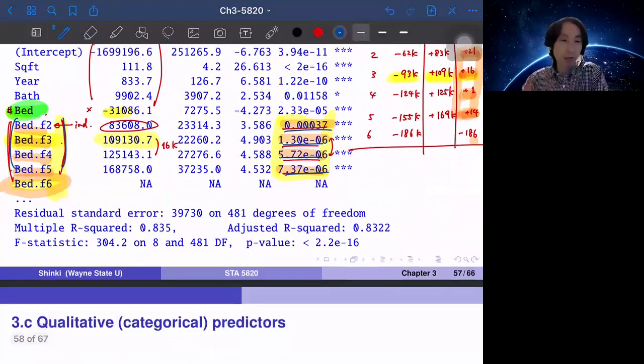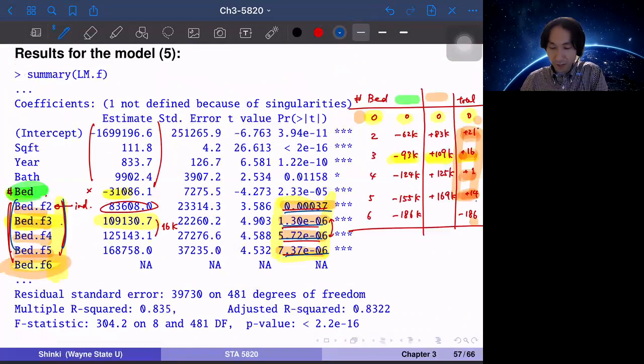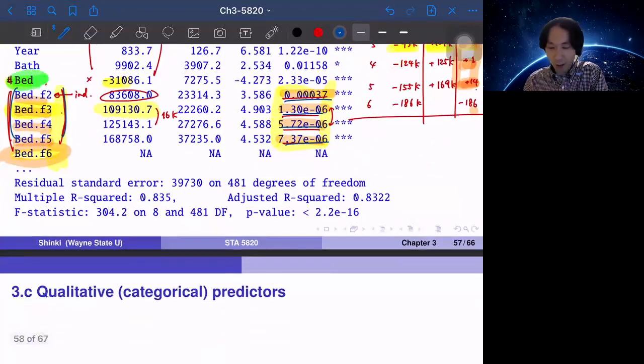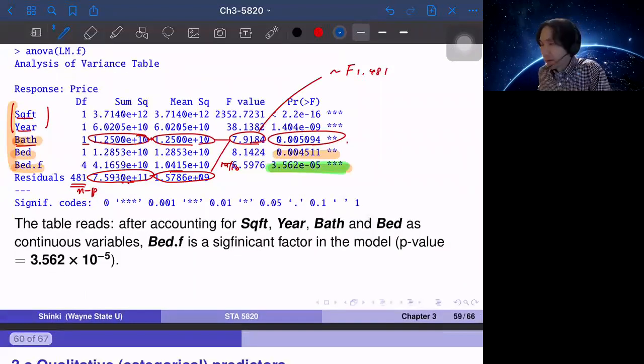So the number of bedrooms and price don't have a linear relationship. It has a non-linear relationship. To be exact, 2 to 5 bedrooms are optimal for this market. I think in 1950 or 60, there was a survey that the United States had a shortage of apartments with 3 bedrooms. One reason is that some older survey said that the 2-bedroom apartment is the most popular.